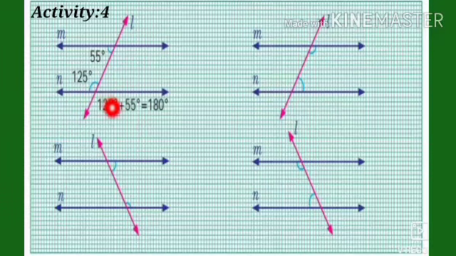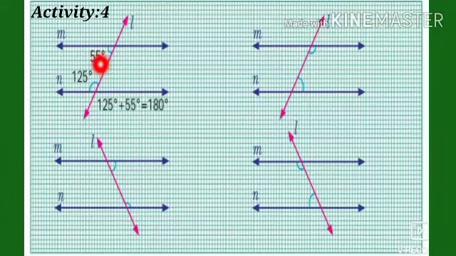So students, from this activity we can conclude that when two parallel lines are cut by a transversal, each pair of interior angles that lie on the same side of the transversal are supplementary.